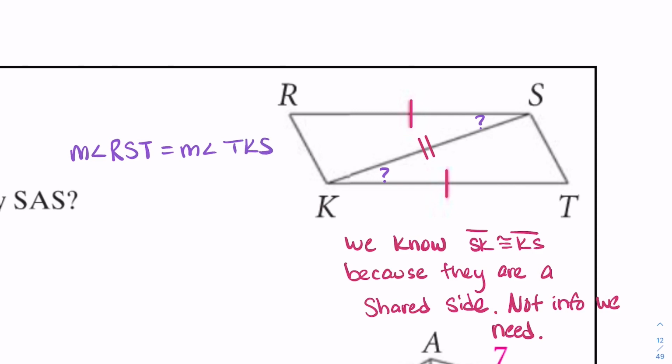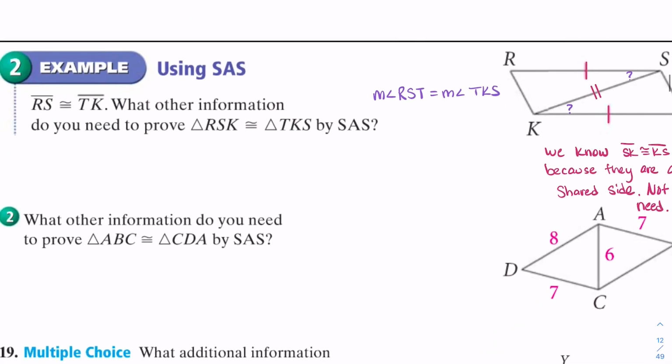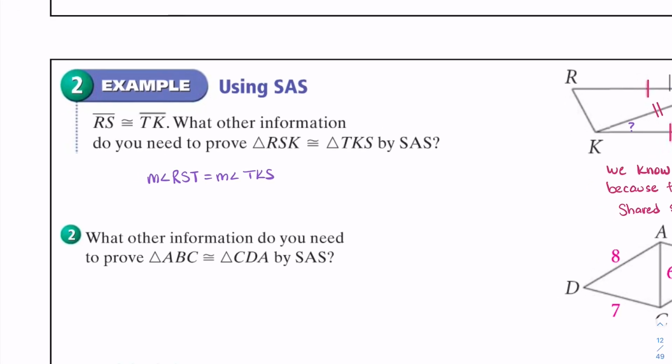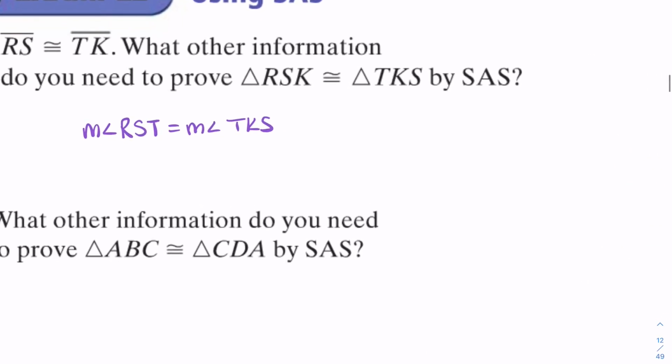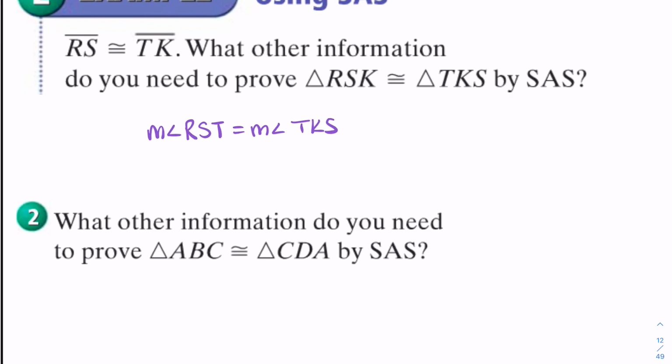So again, RST, I'm going down the 1 tick mark, down the 1, down the 2, down the 1, down the 2. Does angle RSK equal, or is it congruent to angle TKS? That is the information I need to know. So I am going to just leave that. That is my answer. I need to know this information to prove it by side angle side.